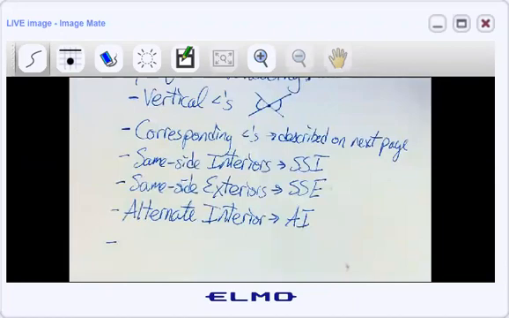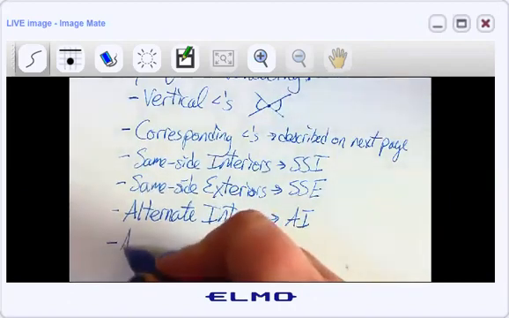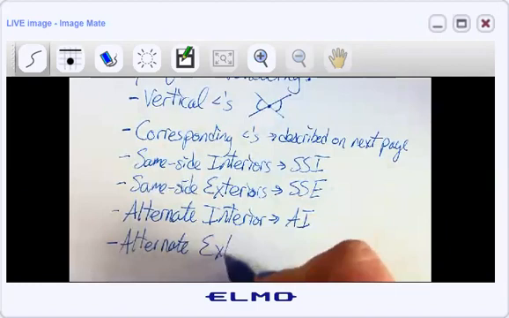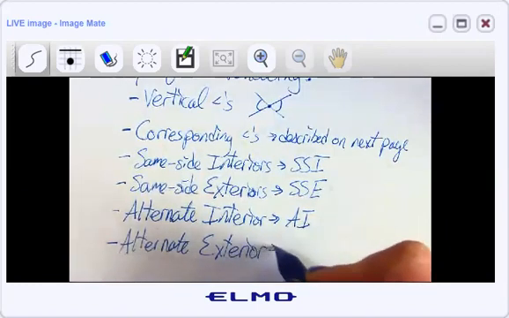All right, so we have 1 left to go. Have you figured out what it is based on the pattern that you see with the 3 above it? It's got to be. Anybody have it? The only one we have left is alternate exterior, or AE.